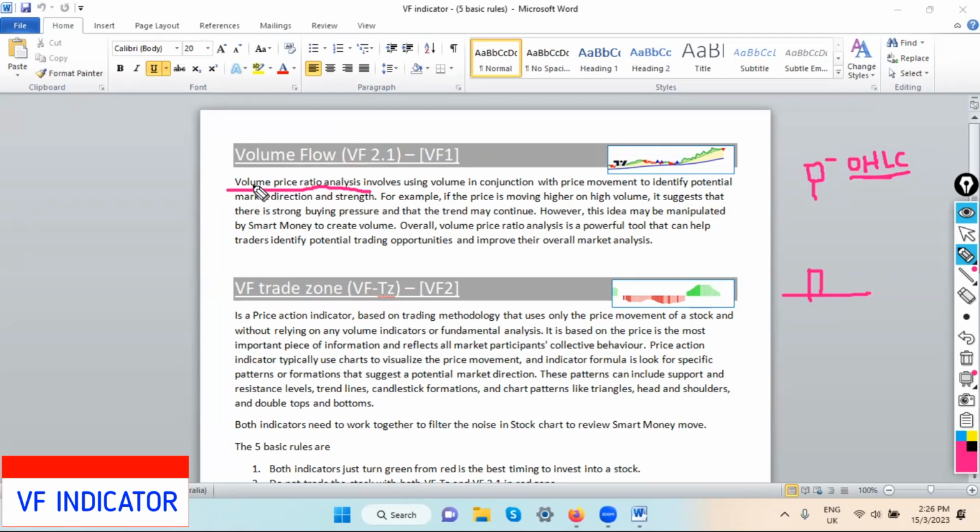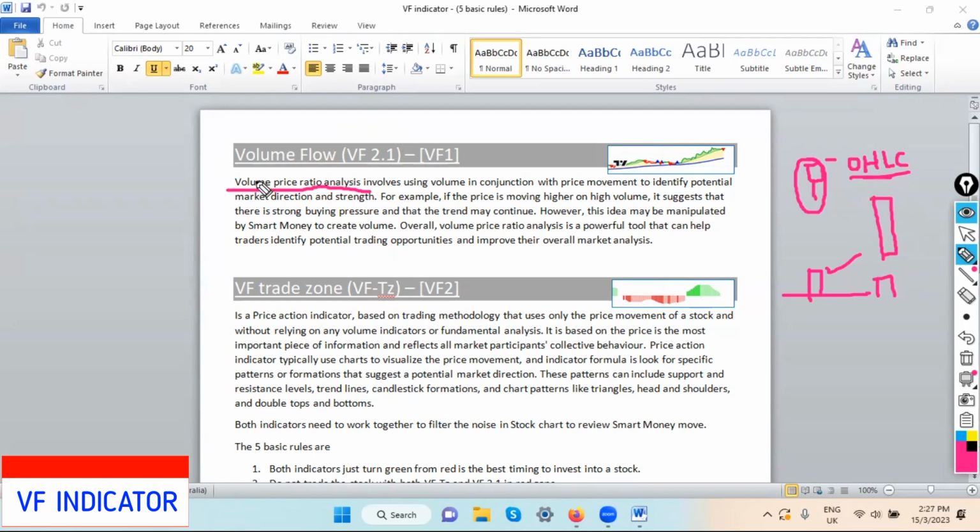So in VF1, we get the price and volume ratio. Sometimes you have a small volume but a very long bar, so what is the meaning? The indicator will show you whether it is a sign of strength or a sign of weakness.